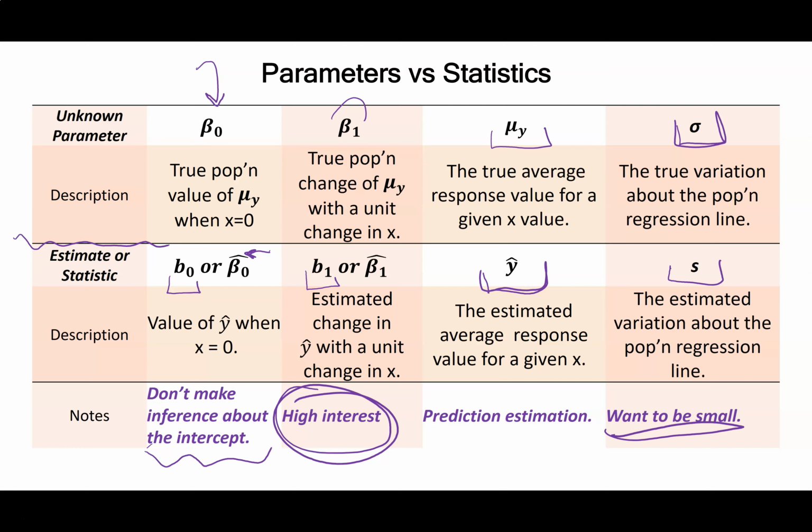We want this to be small. We want the variability for our predictions to be small. We want it to be pretty close to that line. We want the points observed to actually be really close to the line.